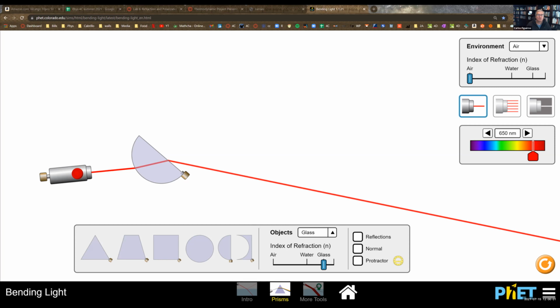So what's super important here is that the way we know that we're going to get total internal reflection is when the ray goes parallel to the surface. What do I mean by that? Look what I'm going to do. I'm going to keep adjusting this.